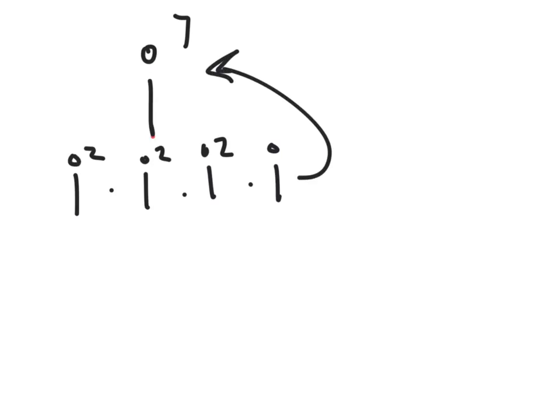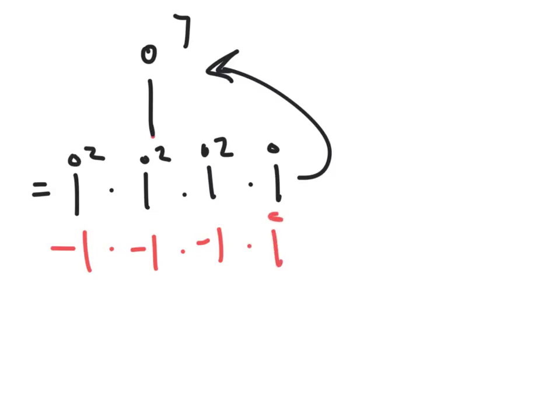Well, we know that i to the 2nd is a -1. So let's rewrite this with exponents. Let's say i squared times i squared times i squared times i. That'll give me the i to the 7th that I have up here, right? So we really have a -1 times a -1 times a -1 times an i.